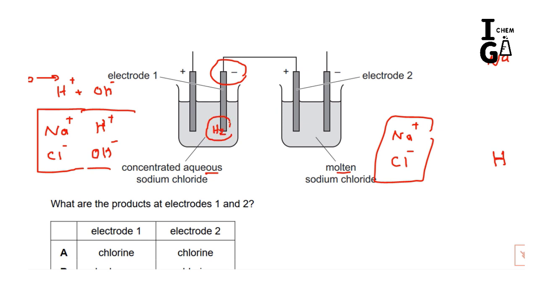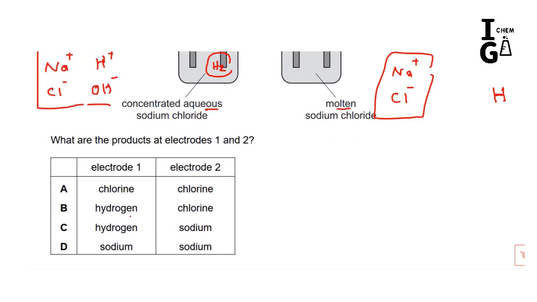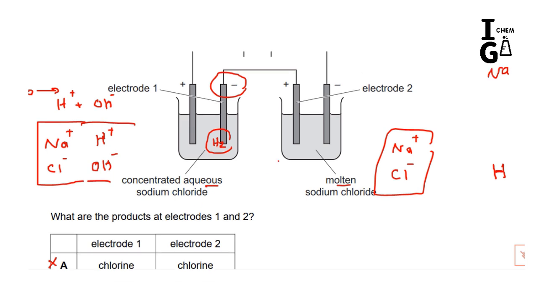So hydrogen gas bubbles here, as you see. So we should choose hydrogen, so it's either B or C. A is not correct, D is not correct, so it should be B or C. Let's check now for electrode 2. Actually guys, electrode 2 is the anode because this is the positive one. This is the anode.